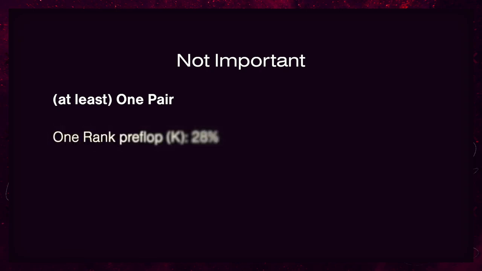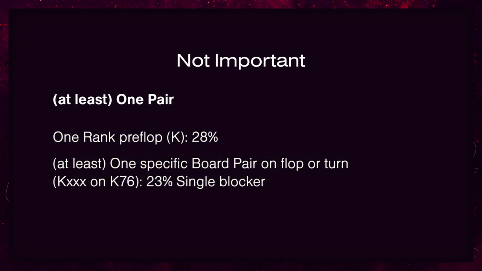In the unimportant category, if you want to know how often you are dealt a single pair or better, let's say a king, how often are you dealt a king pre-flop? It's 28% of the time. You're also dealt a 4 pre-flop 28% of the time. Once one of those is on board, it gets closer to about 23%.